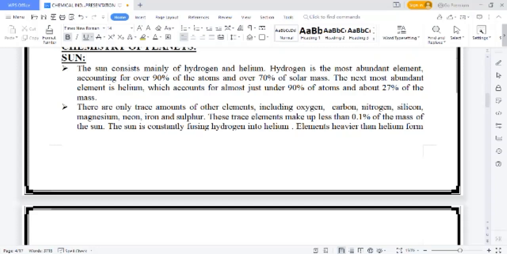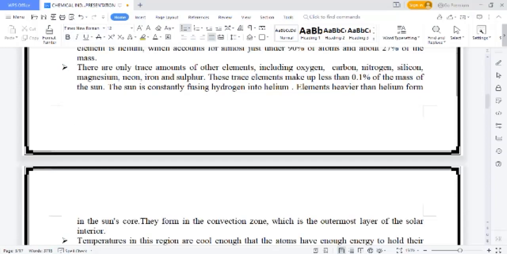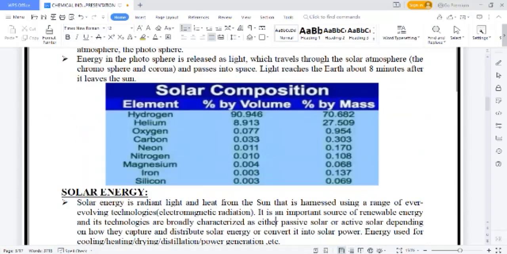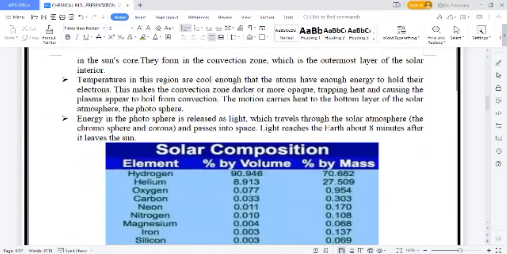These trace elements make up less than 0.1% of the mass of the sun. The sun is constantly fusing hydrogen into helium, and elements heavier than helium form in the sun's core.